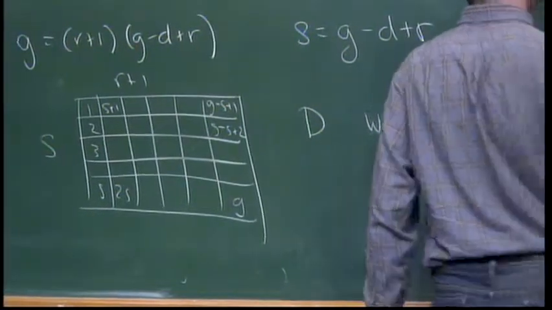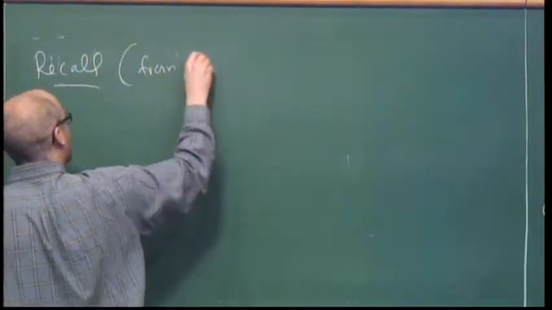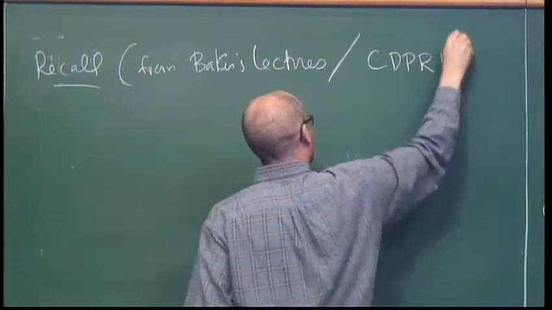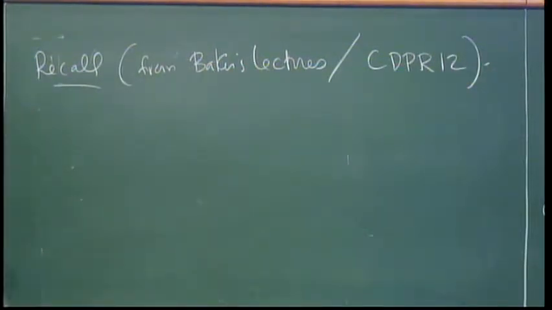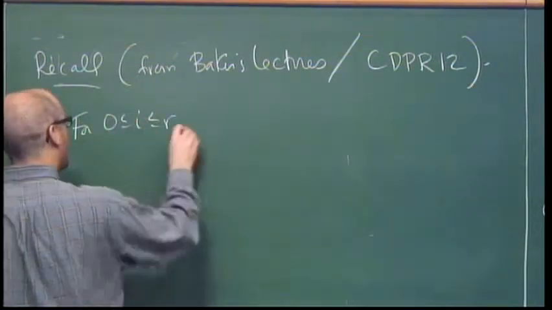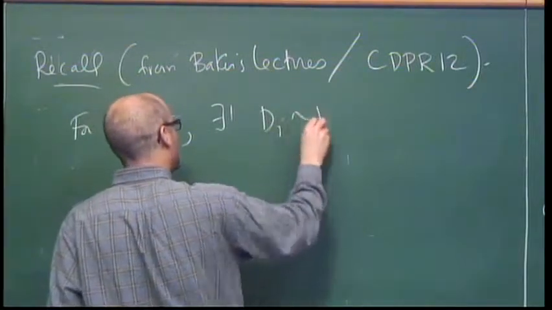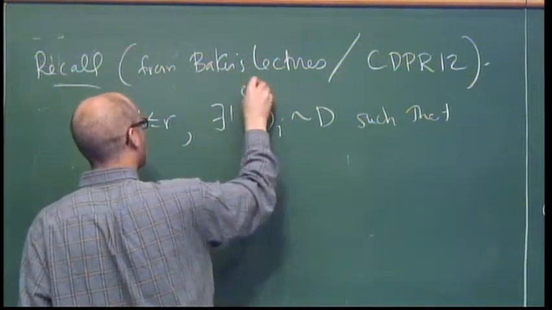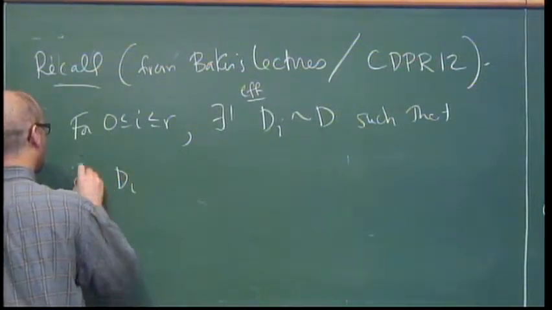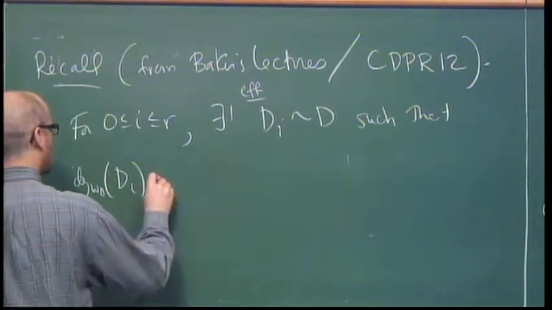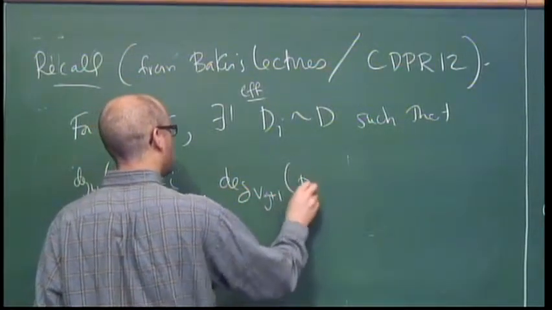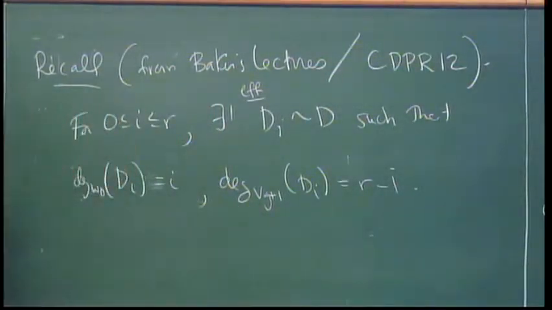And now I want to remind you of some facts from Matt's lecture, or from Baker's lectures, or from the tropical proof of the Brill-Noether theorem: for 0 less than or equal to i less than or equal to r, there exists a unique effective D_i equivalent to D such that the degree at W0 of D_i is equal to i, and the degree at V_{g+1} of D_i is equal to r minus i.